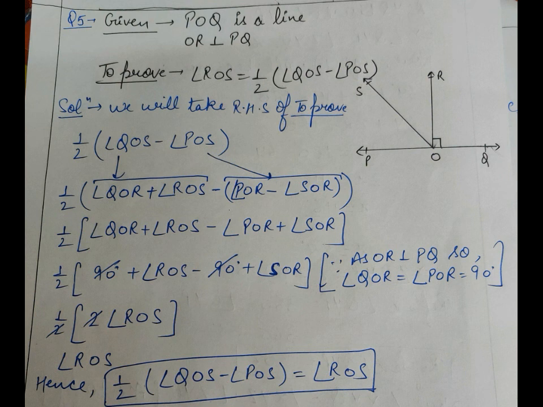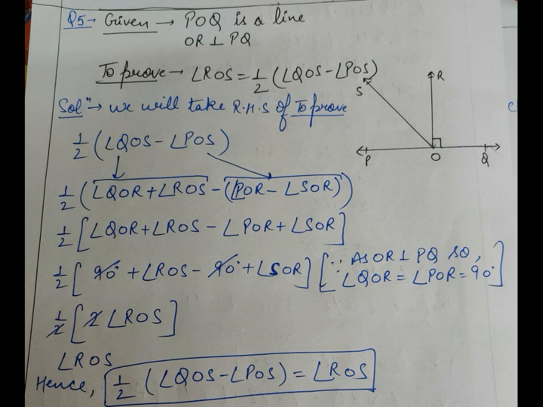Question number 5 says that in the figure POQ is a line, ray OR is perpendicular to line PQ. OS is another ray lying between rays OP and OR. Prove that angle ROS is equal to half of angle QOS minus angle POS.